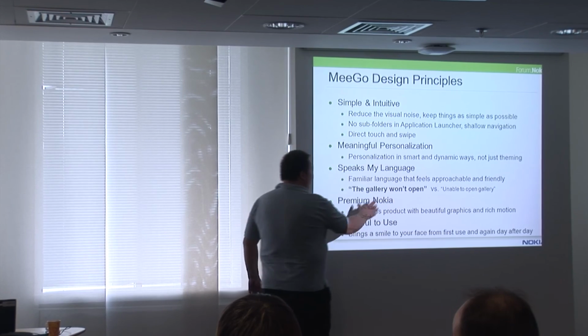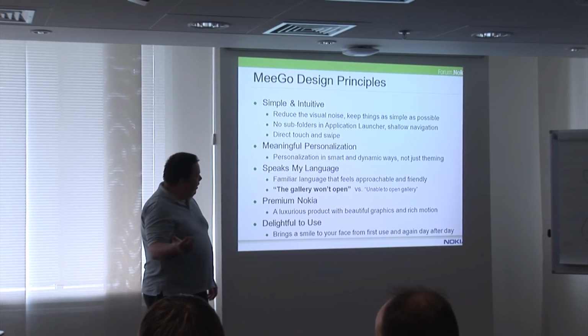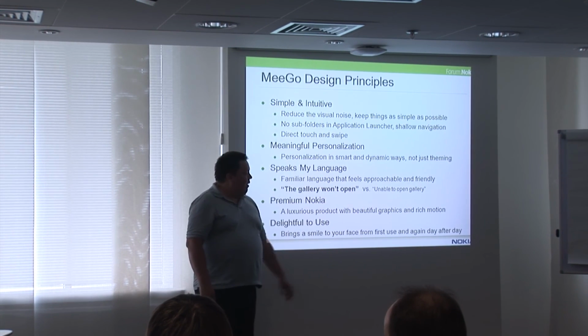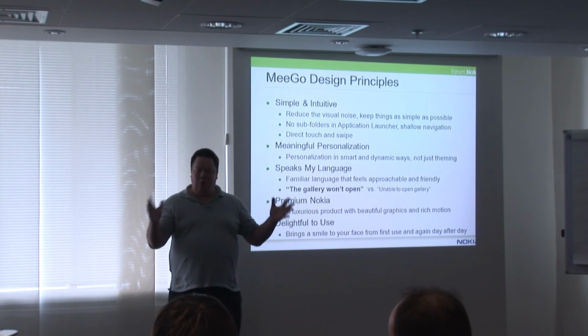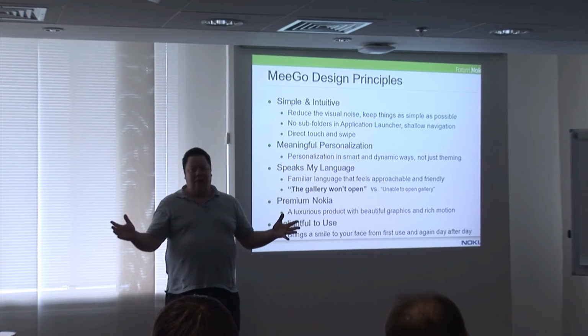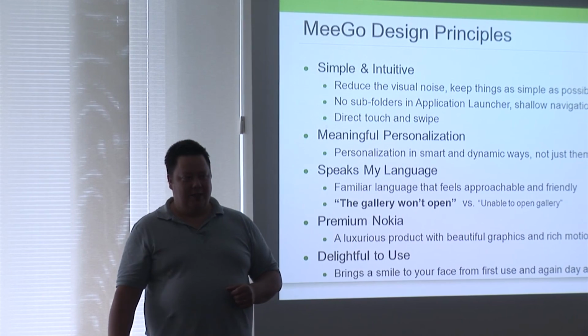The gallery won't open. This is a polite, nice way to say it. Unable to open gallery. This is not a good way. If you localize your applications to Russian, of course, in the native language, you know how to say things and how not to say things.